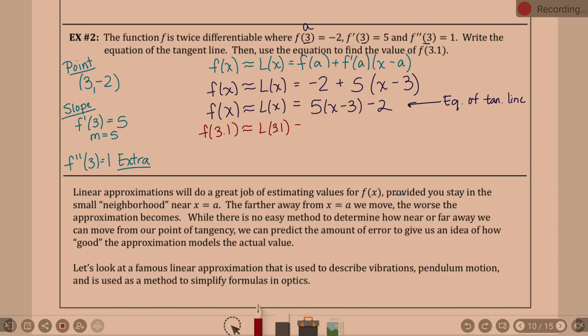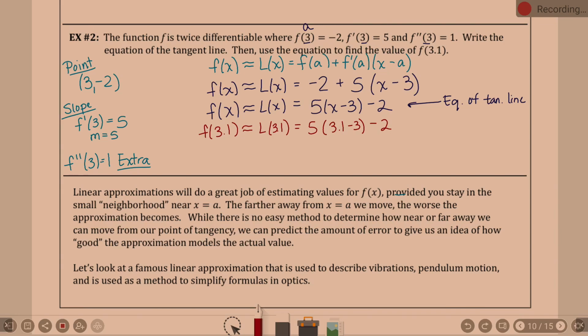What are we doing? Putting in 3.1. Before you grab for the calculators, I will say this math is doable without the calculator. 3.1 minus 3.